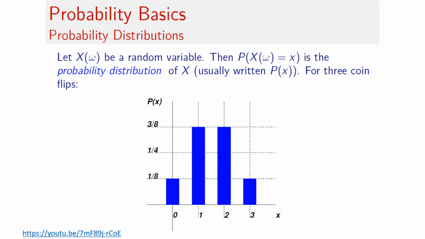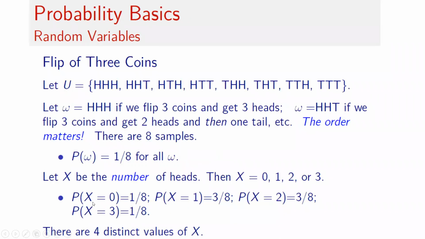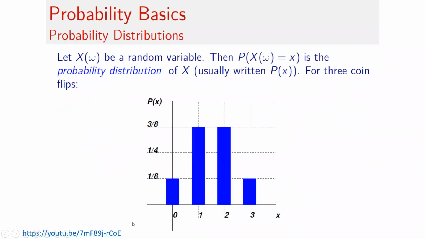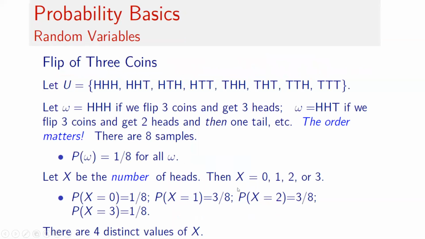You can see that this probability distribution looks like this. For 0 and for 3, the probability is 1 divided by 8, and here is 1 divided by 8 for both probabilities. The probability for 1 and 2 is 3 divided by 8, and it's the same here.